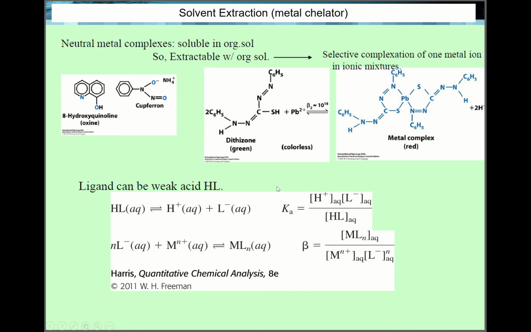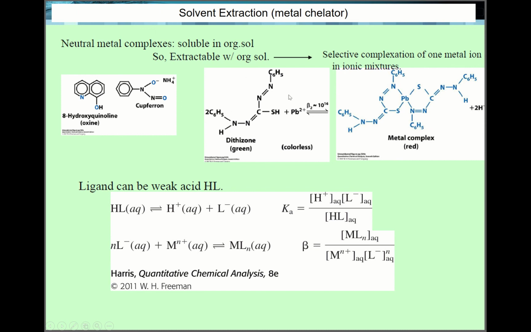Let me see how the lead ions form a complex with this one.